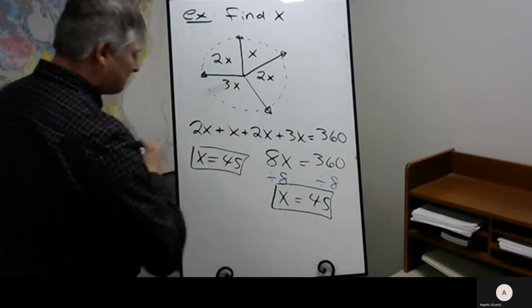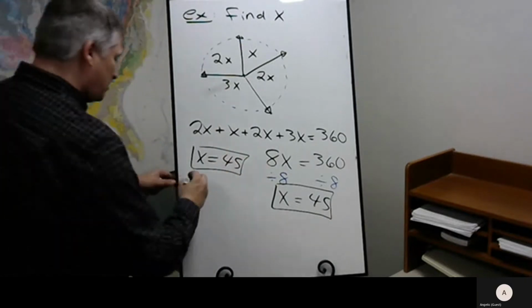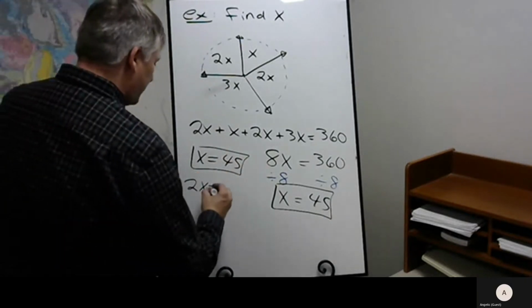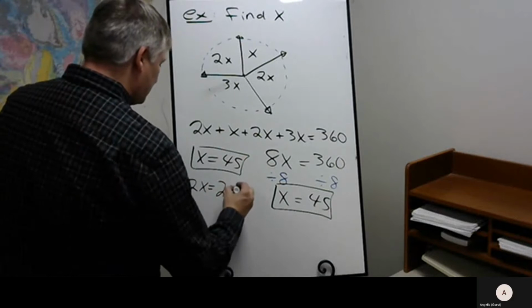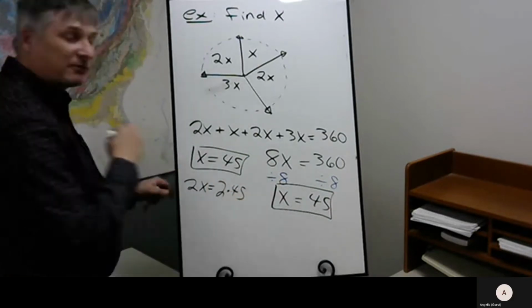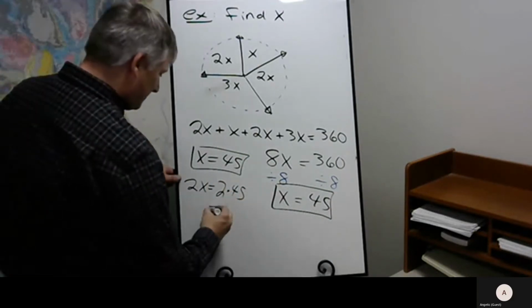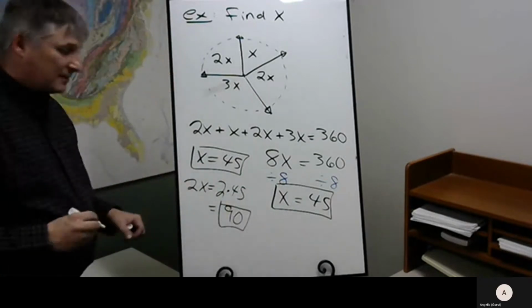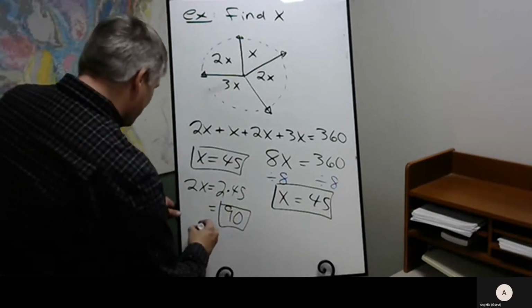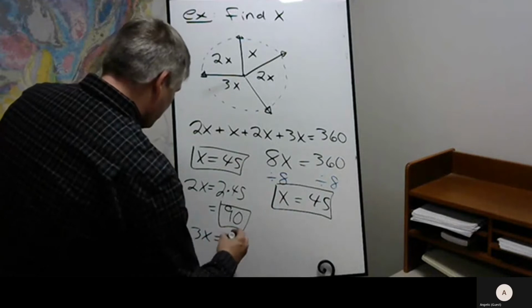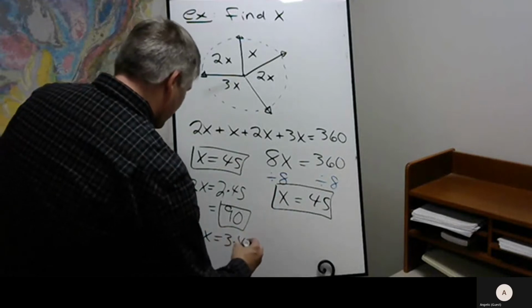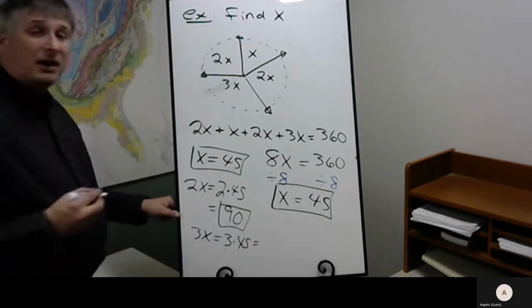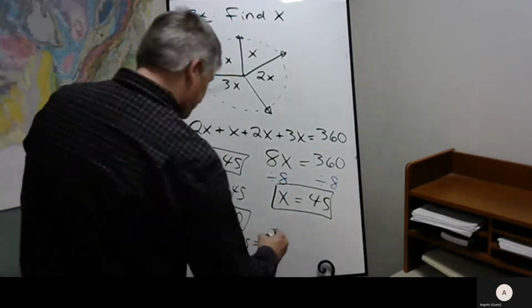is 45 degrees. So that means 2x, 2 times 45, I use my dot for multiplication, is 90 degrees. And then finally 3x, which is 3 times 45, is 135 degrees.